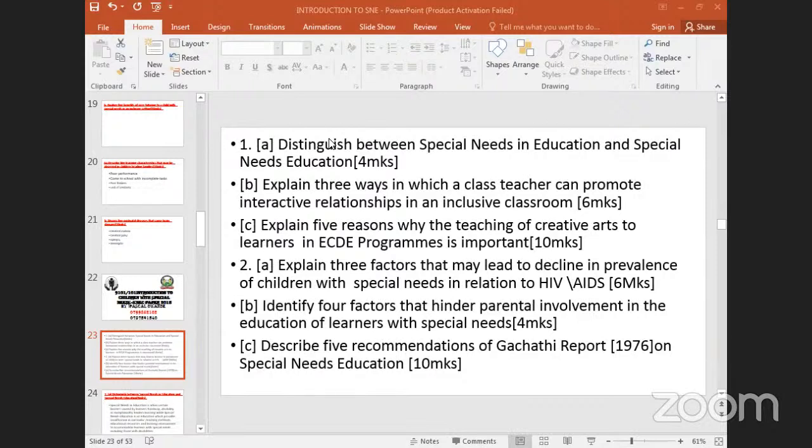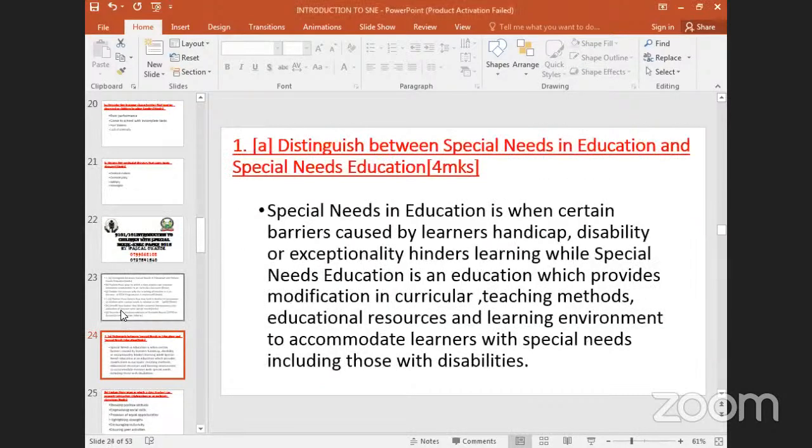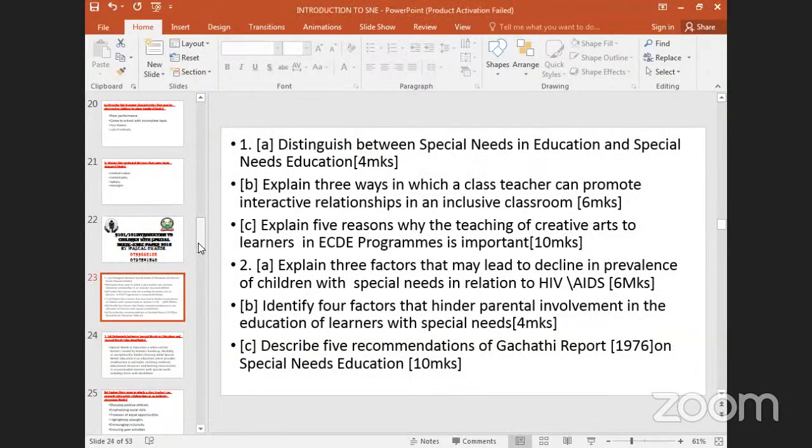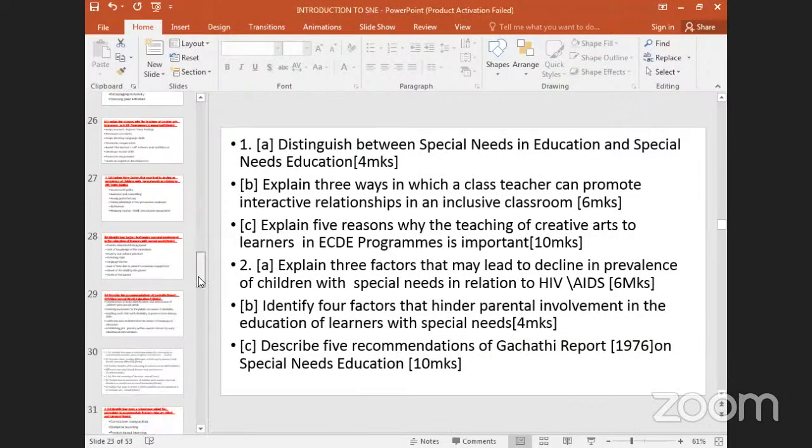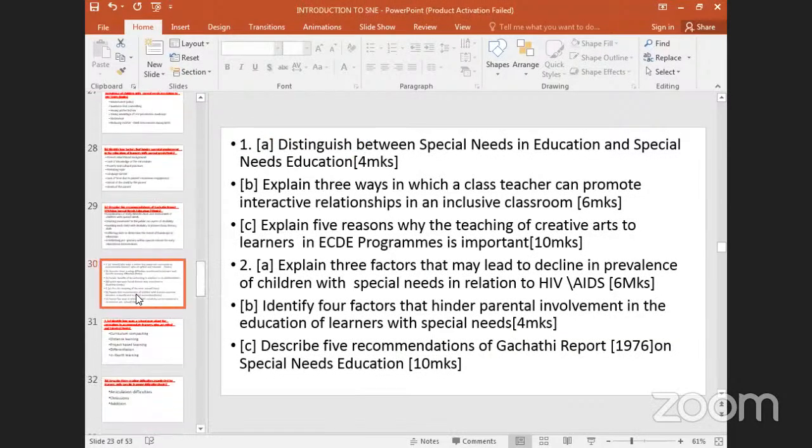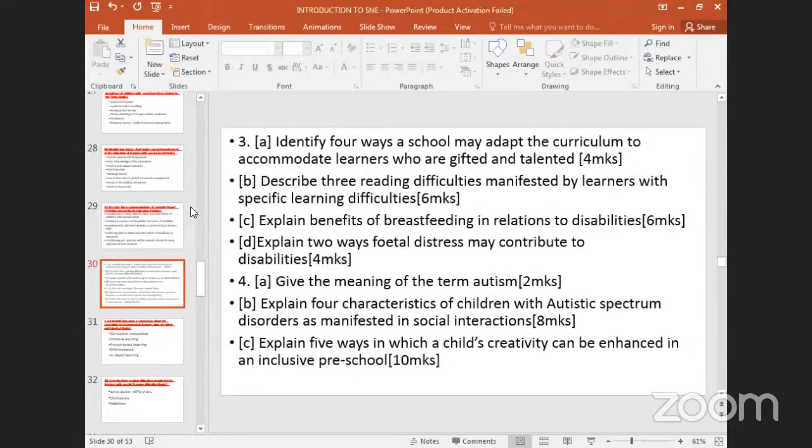Are you able to see the question? On the screen there is 1 and 2, and we are talking about question 3. Pascal, display question 3. Okay, question 3. Let me get to question number 3.